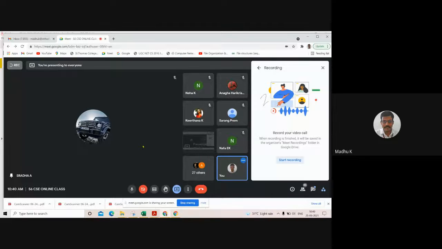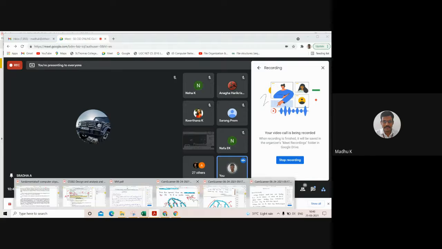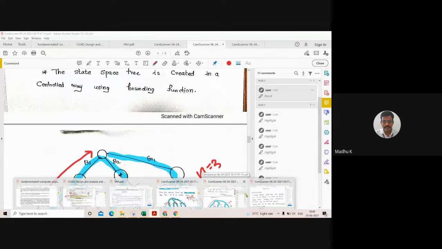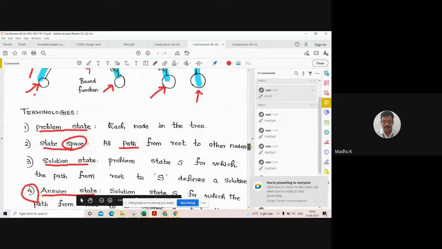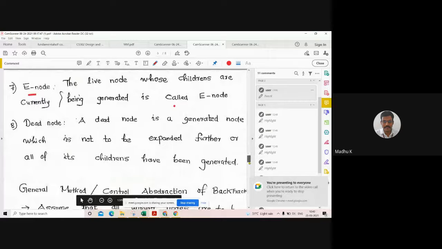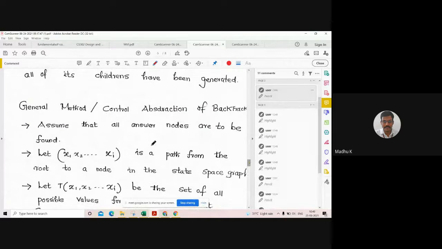Abstraction of backtrack approach. Now we want to discuss a control abstraction, or general method, of the backtracking approach.